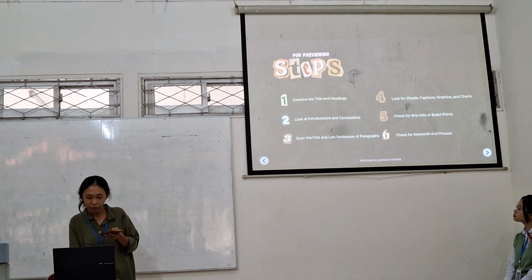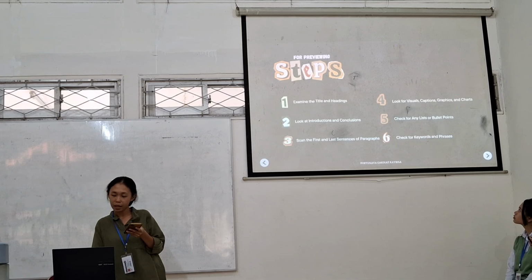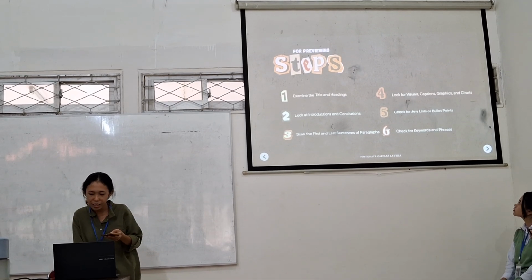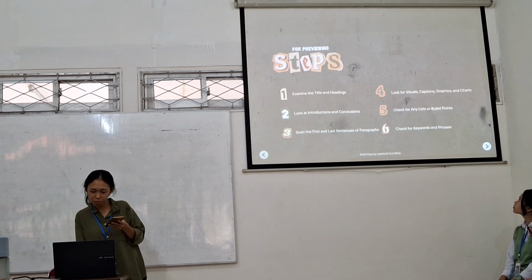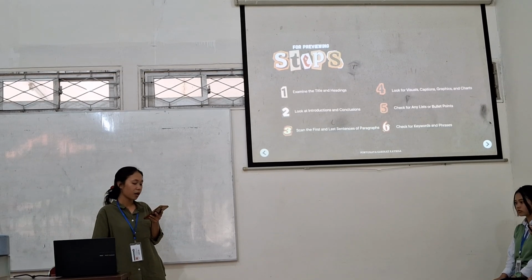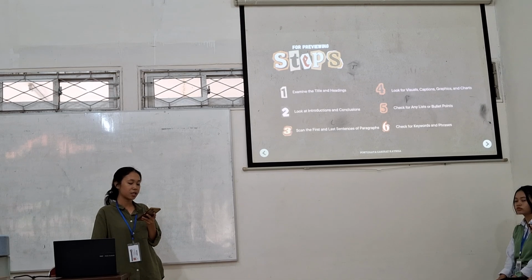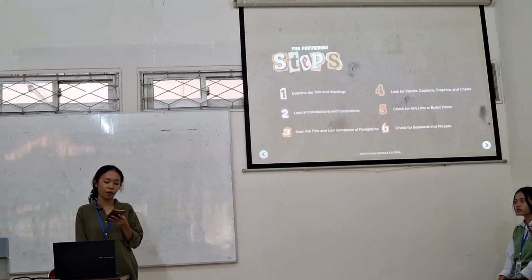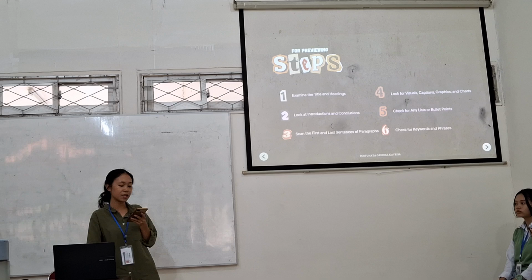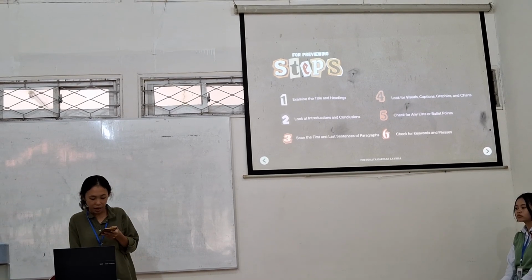And then five is to check for any lists or bullet points. Take note of any terms in bold or italics. These are usually important concepts or terminology that will be discussed in more detail.